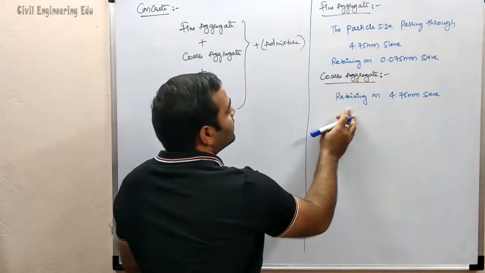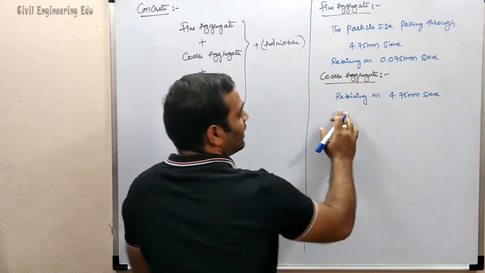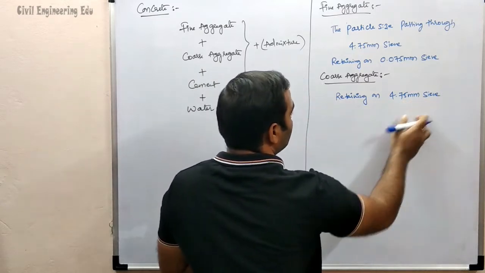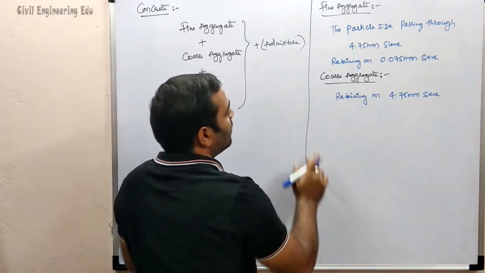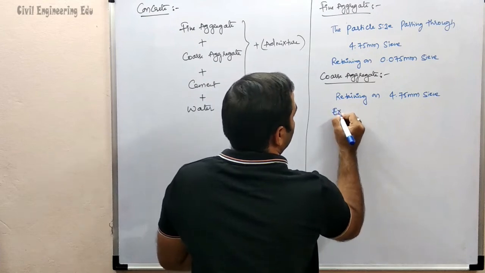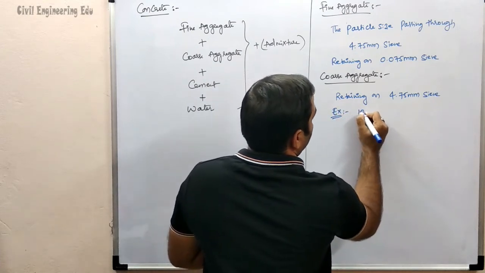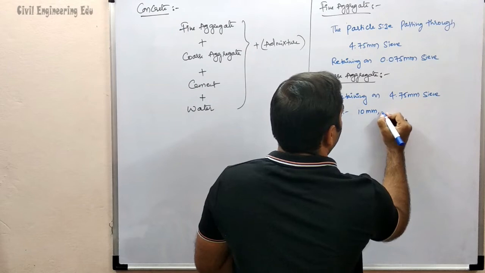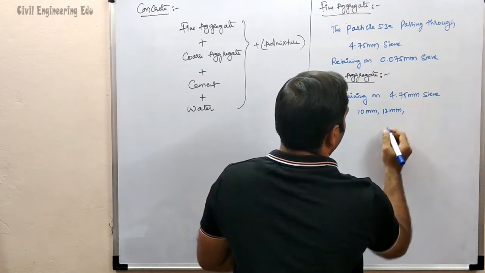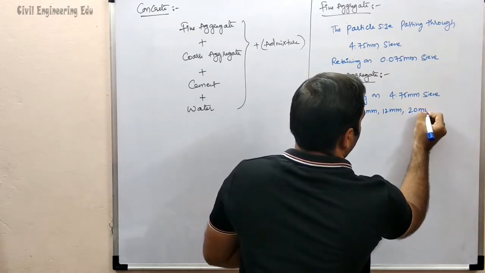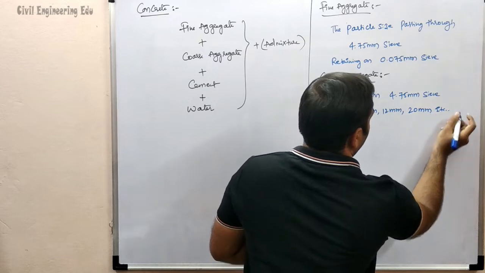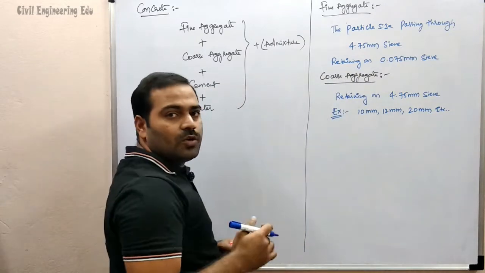The particle sizes of aggregates which are retaining on 4.75 mm sieve, so these type of particles are called coarse aggregates, like 10 mm, 12 mm, 20 mm, etc. So these are called coarse aggregates.